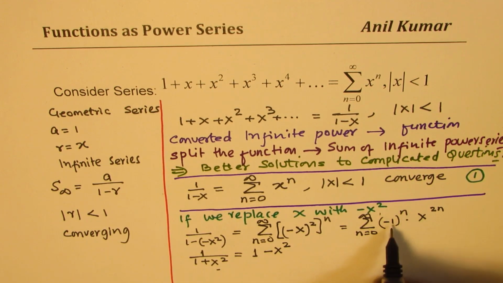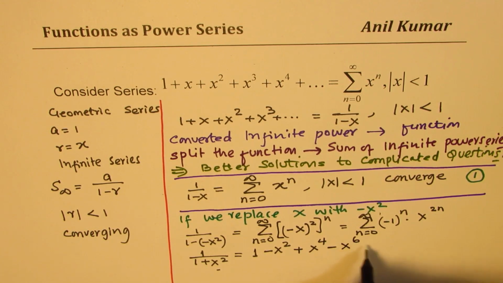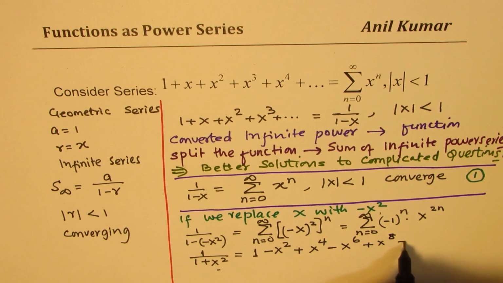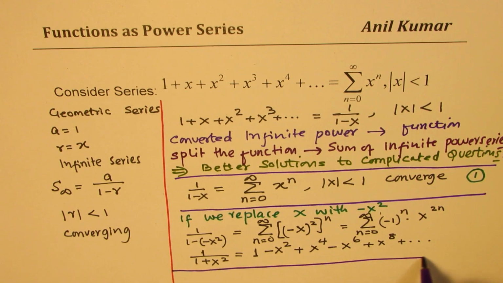If n is 2, this becomes positive, right? So whenever n is an even power, this becomes positive, and that becomes x to the power of 4. So when we have this, we have x to the power of 6 plus x to the power of 8 plus so on. So we get a new series, right? So we get another series. Let me call this as our series 2.